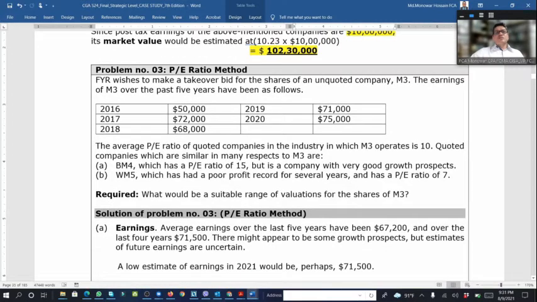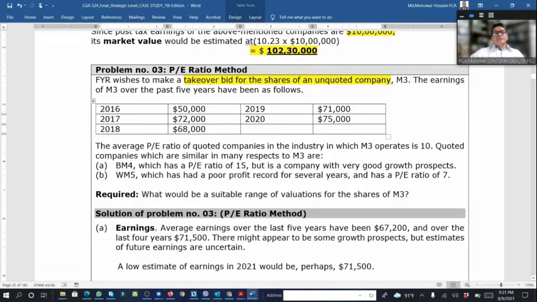Another P/E ratio method: if I wish to make a takeover of the shares of an unquoted company, we know what an unquoted company is. A company not listed with the stock exchange, whose shares you cannot quote for buying or selling, is unquoted. So for M3, the earnings over the past 5 years, from 2016 to 2020, are like this.